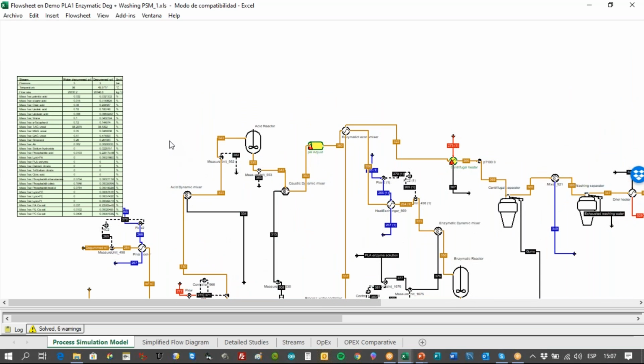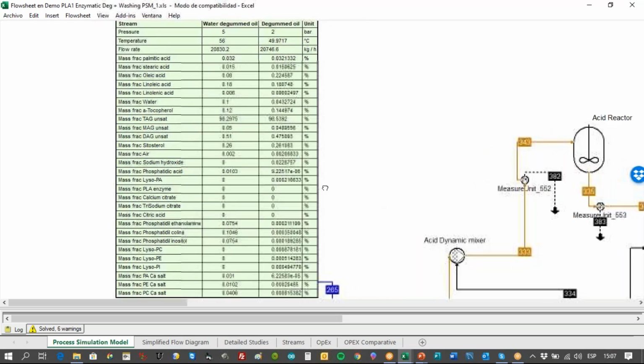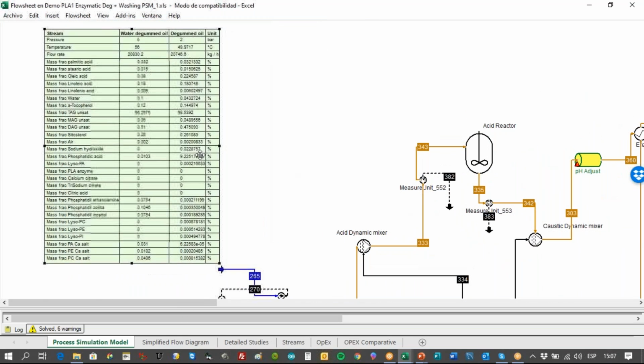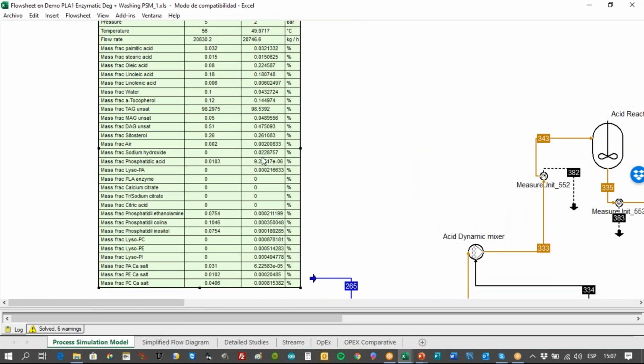Again, it is very important to properly characterize, in terms of the calculations of the simulation model, the composition of the soybean oil that we are going to process.